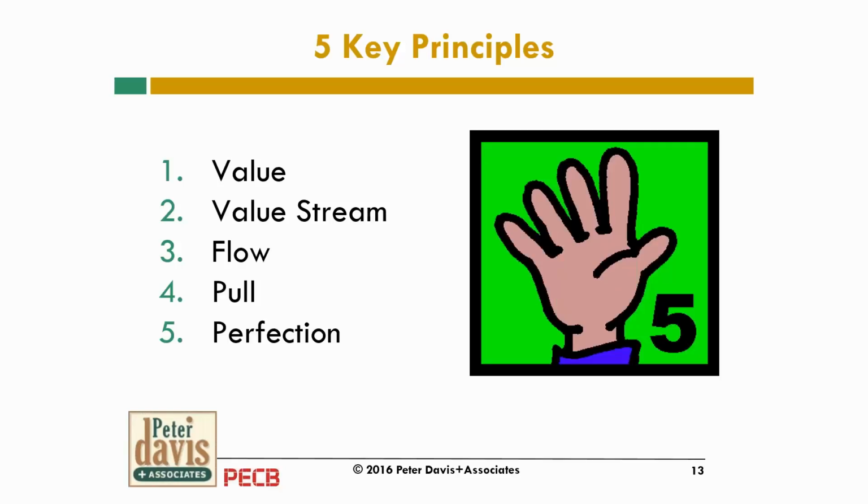As well, we should have pull, which means that some downstream activities, so maybe another process or maybe our internal customer, will be requesting that we provide that service. Otherwise, if we push it, then what we're doing is we're creating inventory and overproduction and wasting resources again. Even though we can never be perfect, we're striving for perfection, which means that we'll be involved in continual improvement and always working on improving our process.